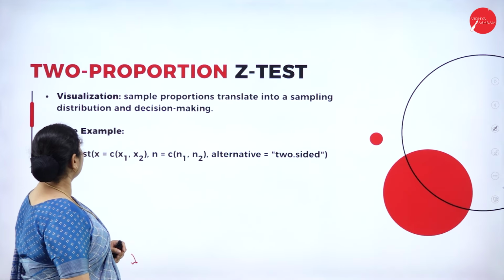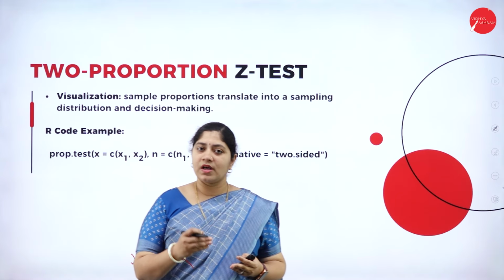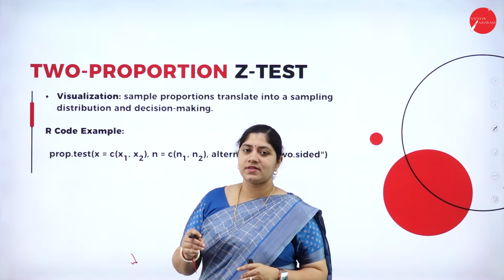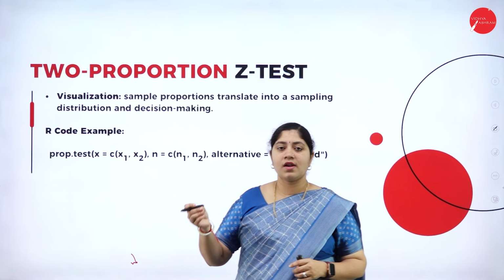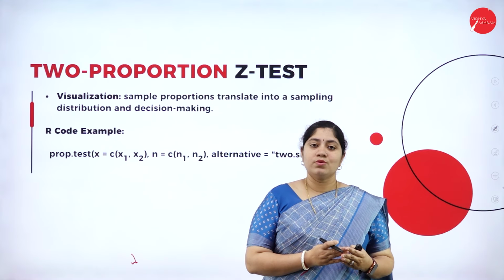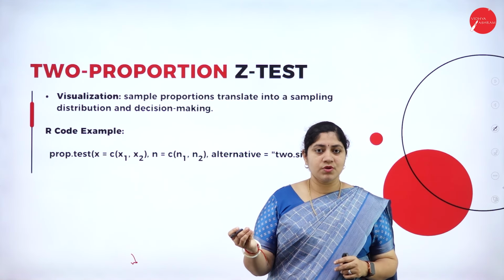Alright, let's move forward. So now we have completed our one proportion Z test and two proportion Z test. So totally we can say we are almost done with our proportion test. Up next, by using those test results, we can do the sampling distribution.